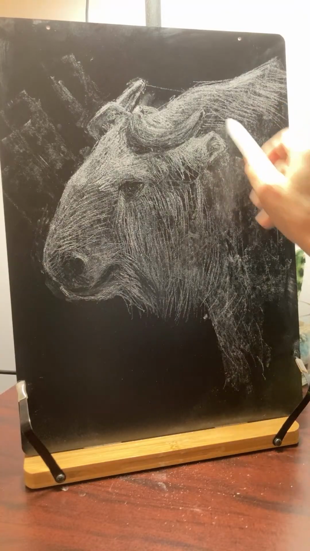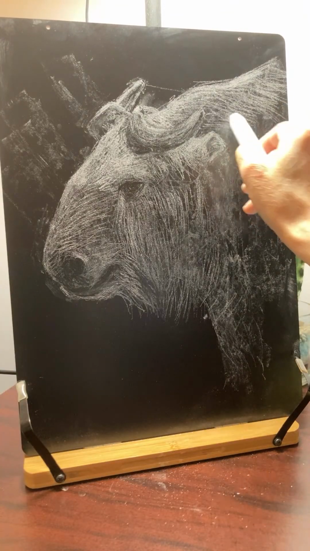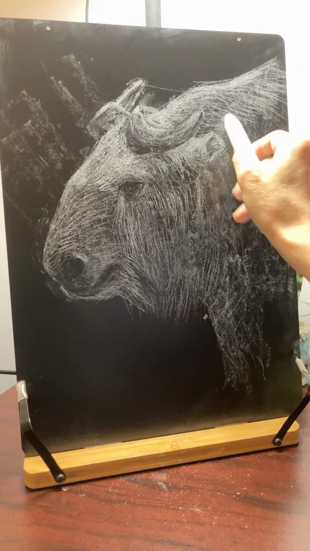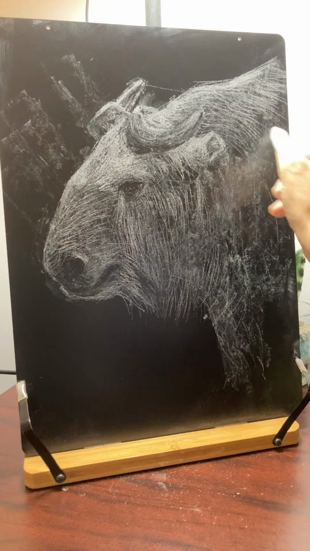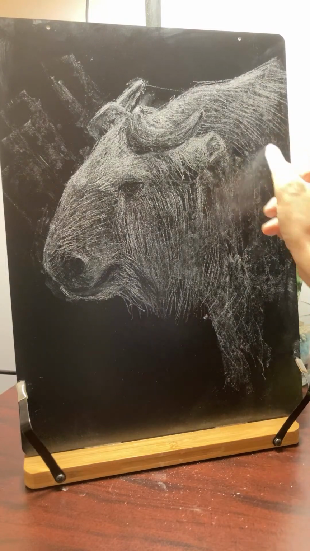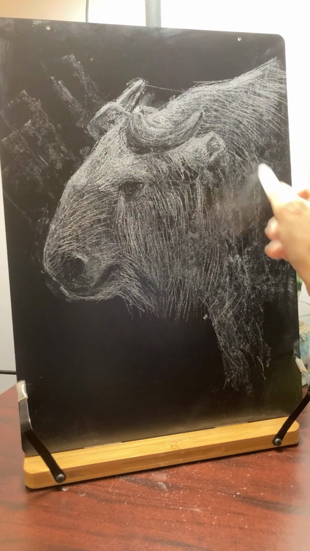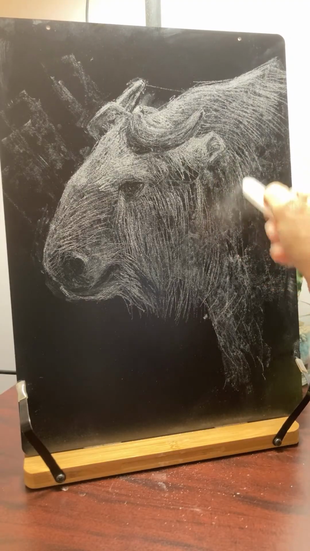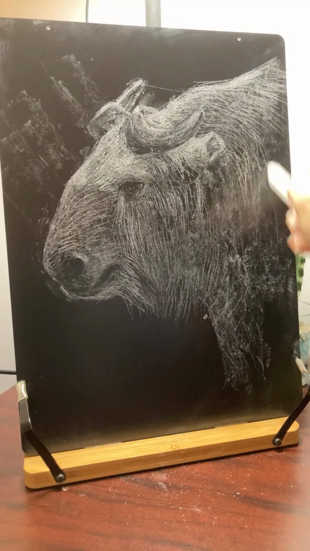Okay, so we got the hair right there. This is a shadow area. You don't have to put that much light, but you can still see the structure of the hair, how it grows, how it flows. Okay, so you grow like this.